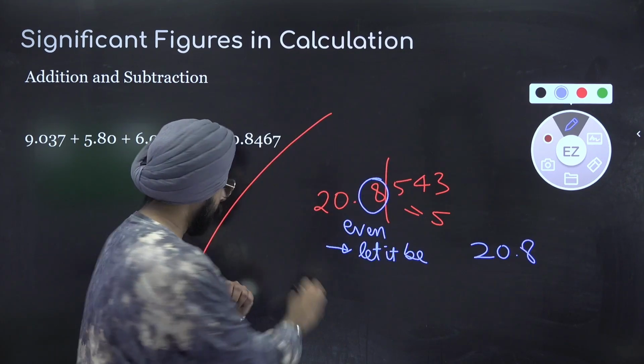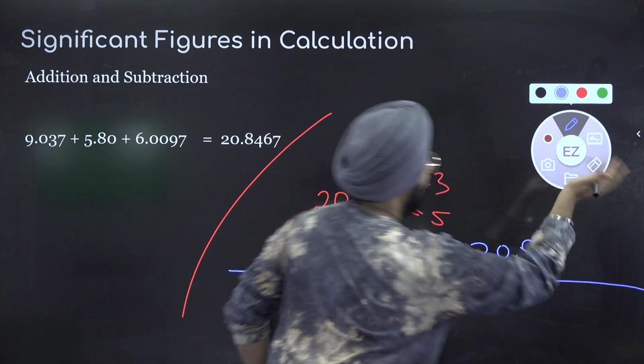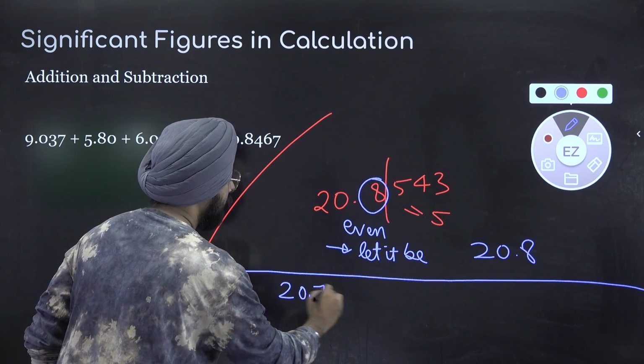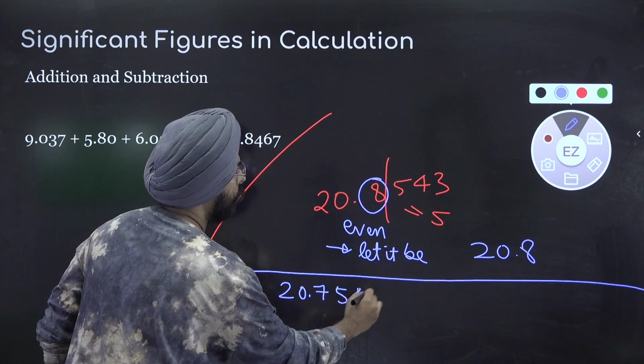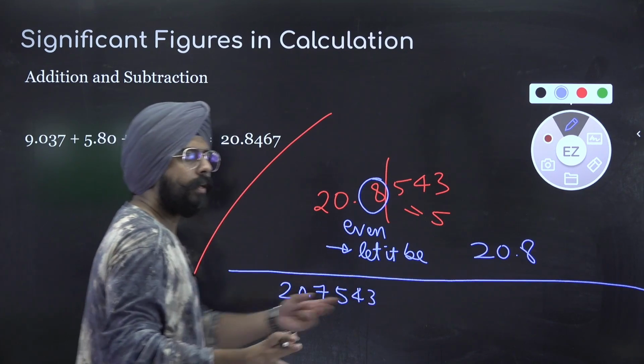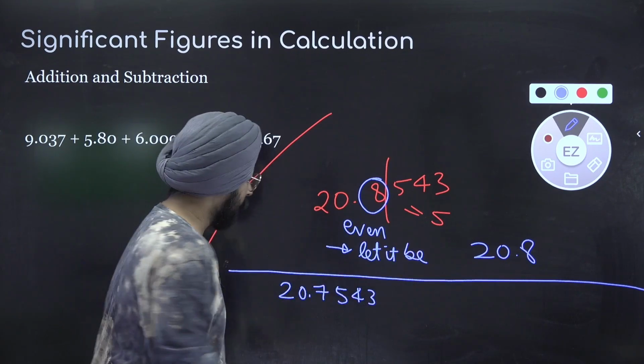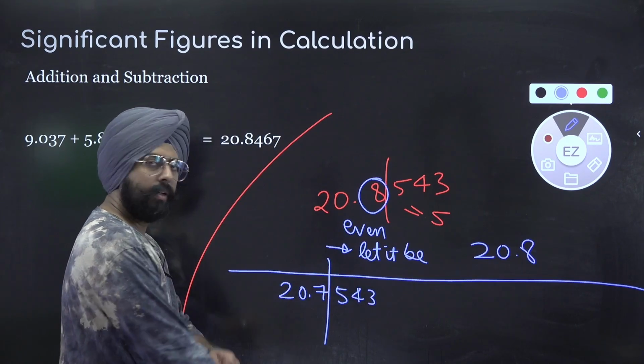But at the same time, if I have a number that is, let's say, 20.7543, and I have to round it off to 3 significant digits, I will cut off the number over here.